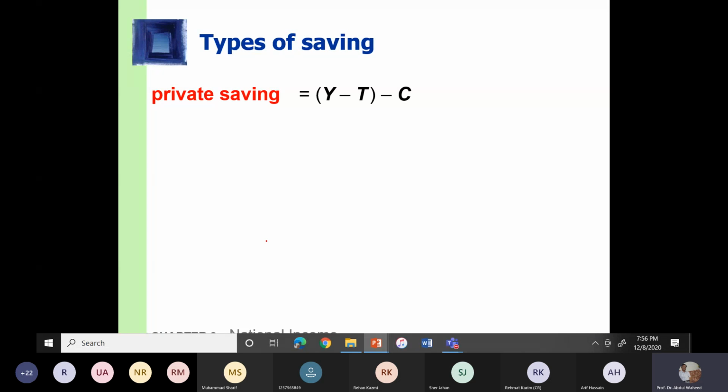And then, so this means we have private saving, which is disposable income minus consumption. If you remember, I wrote that disposable income equals consumption plus saving. Okay, so from disposable income, if we minus consumption, then we have saving, because disposable income is used for consumption and saving.